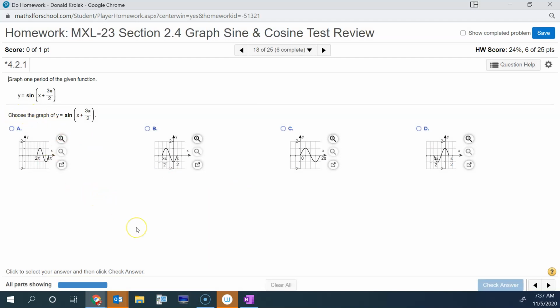All right, now we're looking for a graph that got slid 3 pi over 2.